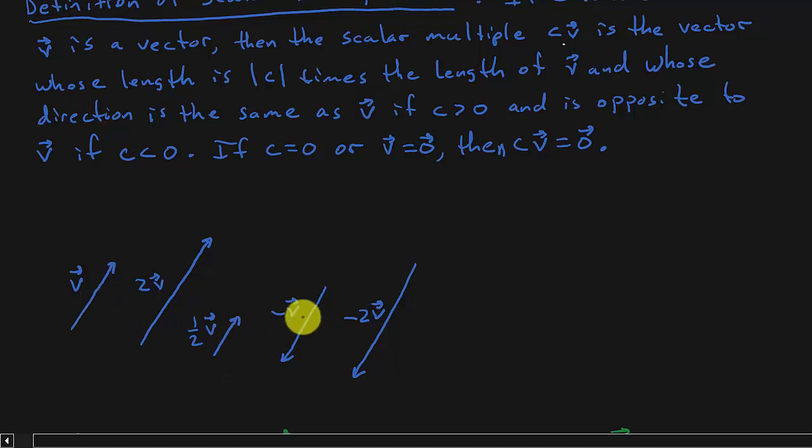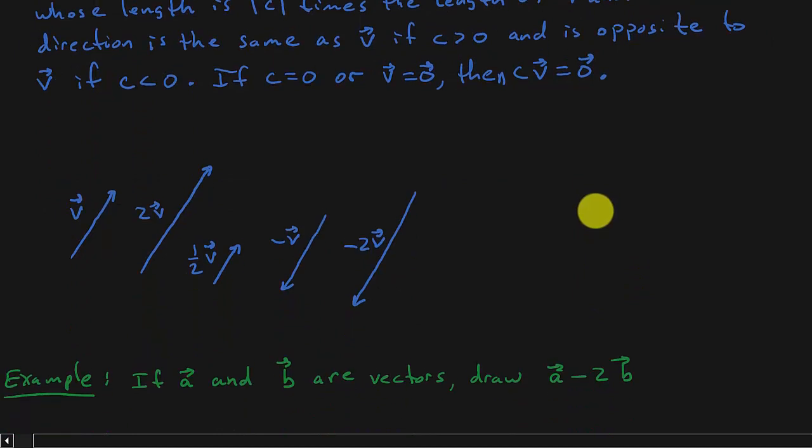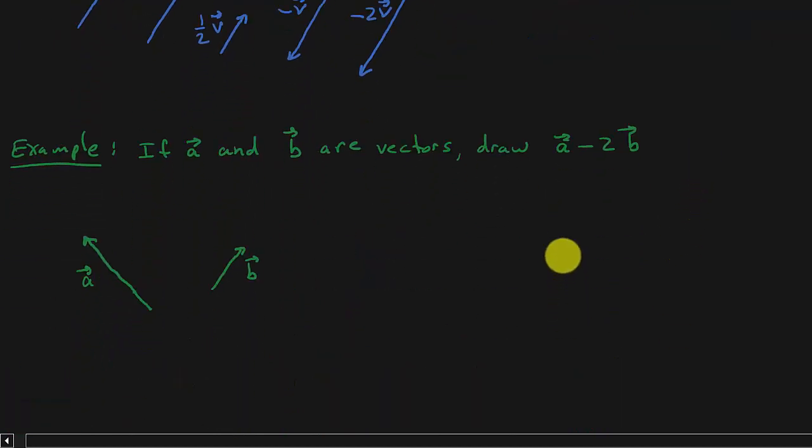Now this one, negative V, is going to have the same length as this one, but you can see we're going in the opposite direction. And then if we have negative 2 times vector V, it's going to be twice the length of V, but going in the opposite direction. And that's what they were talking about up here when they were talking about C being positive and C being negative.